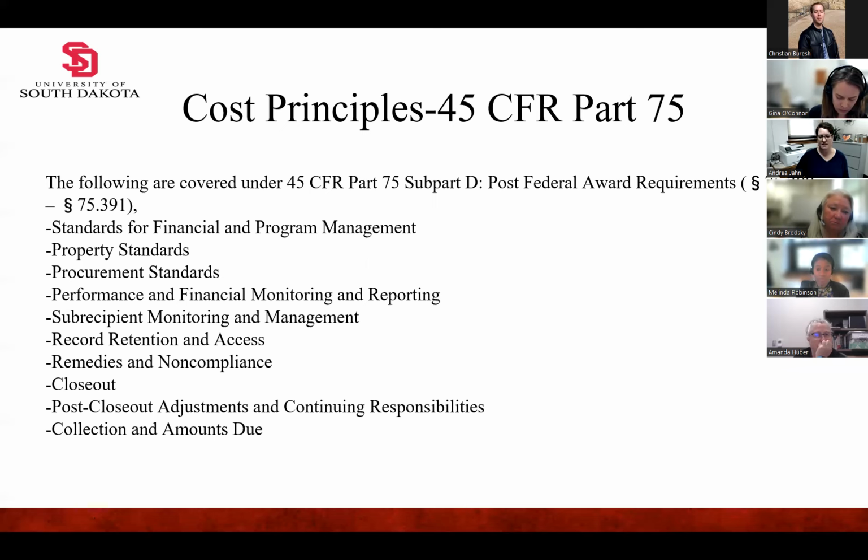For instance, healthcare for your grad student, or can we use these funds to pay for publications? Can we use these funds to pay for a grant reviewer? It's going to tell you whether it's allowable or unallowable, or if there are exceptions.